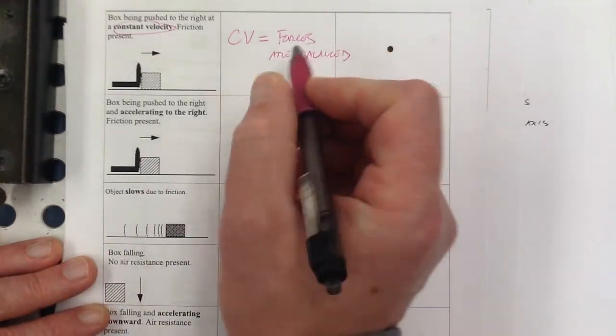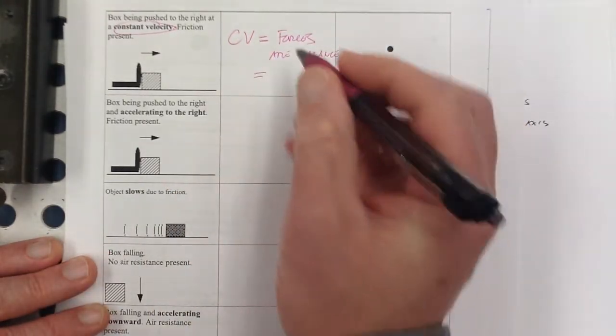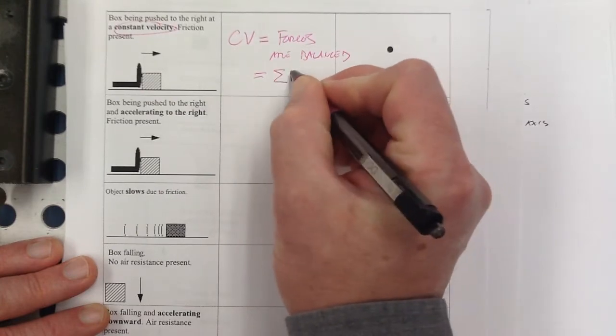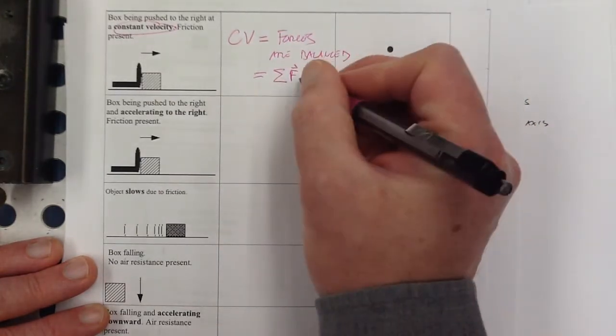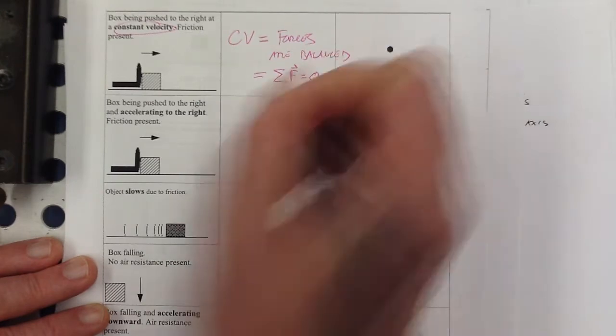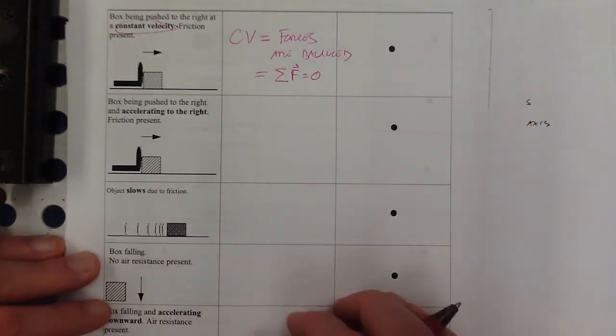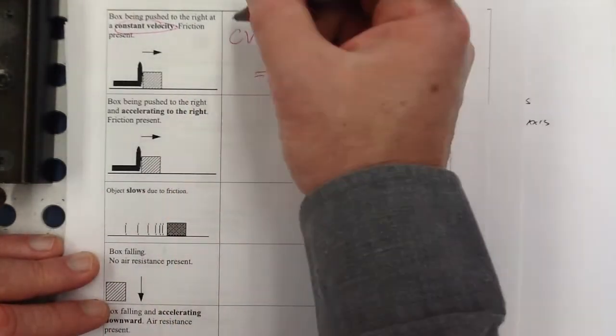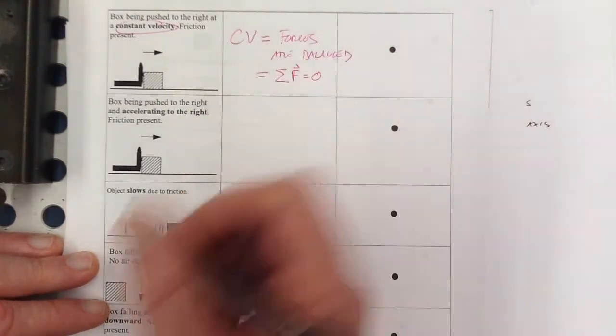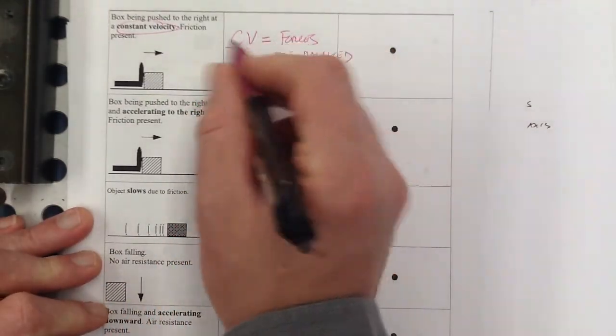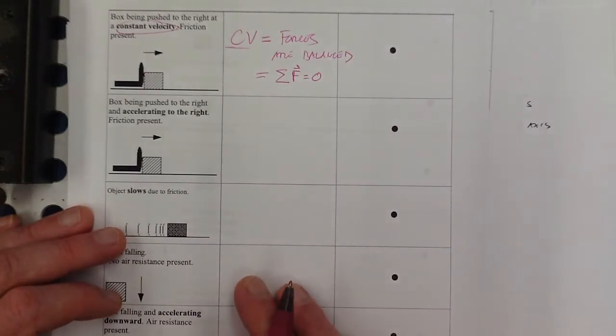So one of the ways you could say that forces are balanced, it's the same as saying the sum of all of the forces is 0. Constant velocity, or if you're at rest, then the forces are balanced too. But constant velocity is a balanced force condition.